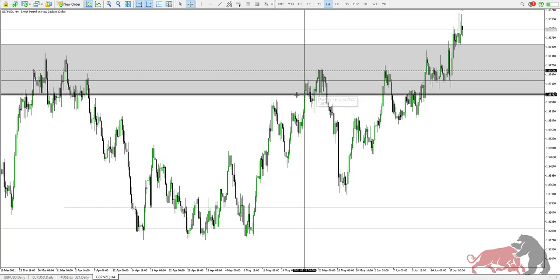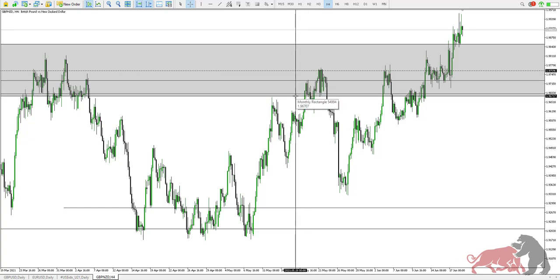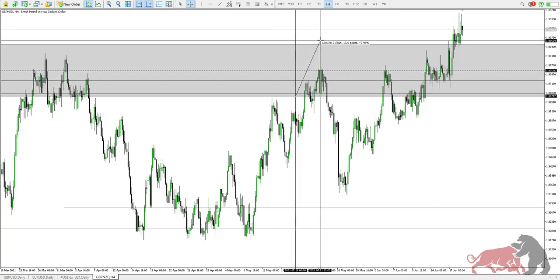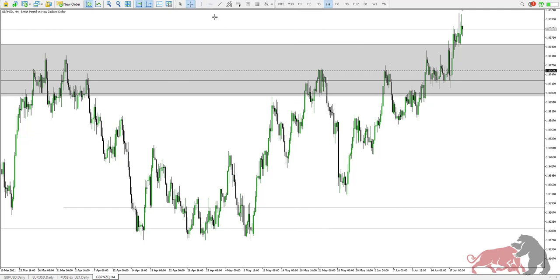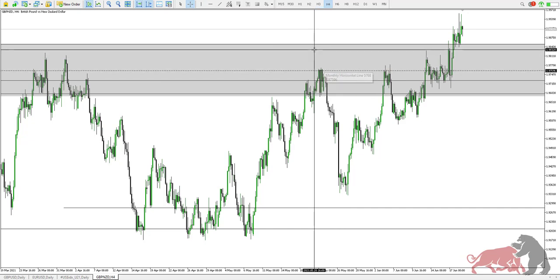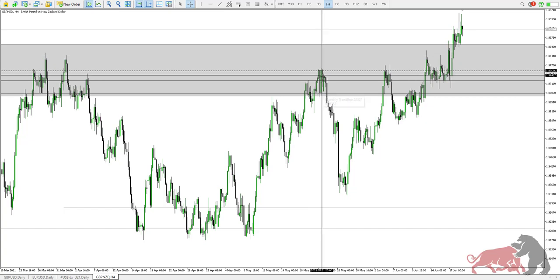Yes, you can open a trade as soon as price reaches your proximal line, but now your risk is going to be a lot. An entry point from the proximal line here, you would have had a risk of almost 200 pips, and that's too big. But an entry from the 50% mean threshold of your zone, right?